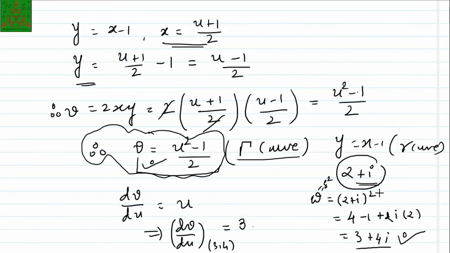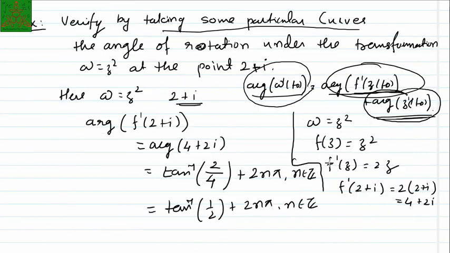So we have obtained tan inverse of 1 by 2, which is the angle of rotation, which is the argument of f dash of 2 plus i. So let's verify this example, that is the angle of rotation.